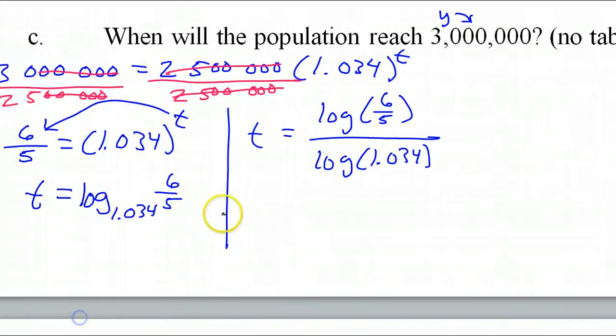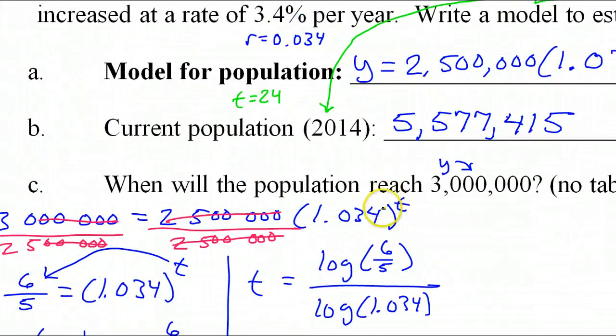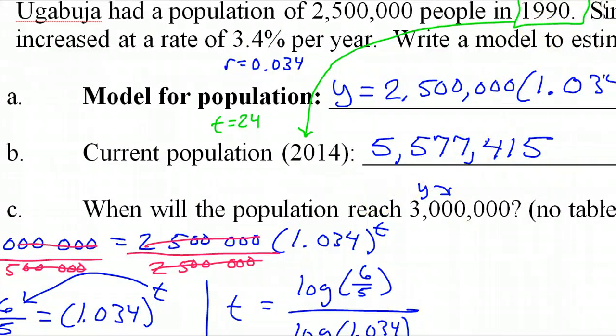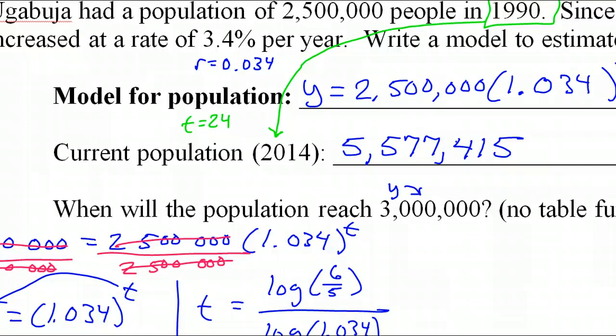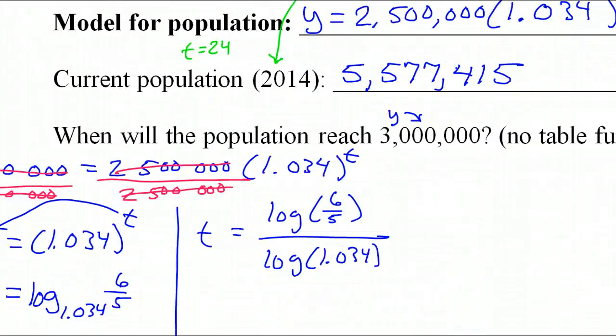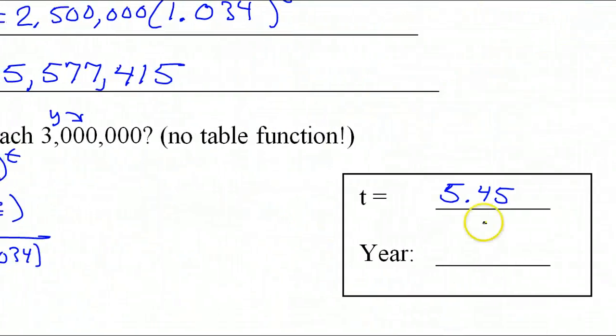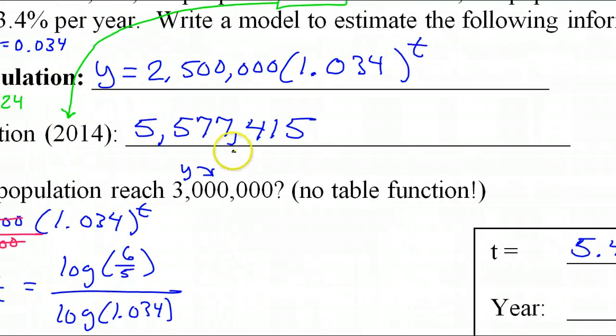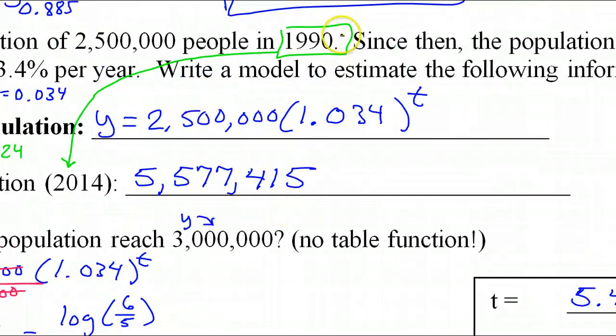I mean, they gave us the original year was what, 1990. Okay, so if I do 1990, and this is 5 years later and some change, so let's just say 5 years later. This will happen sometime during the year 1995.